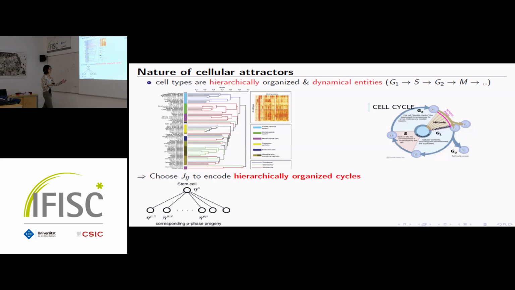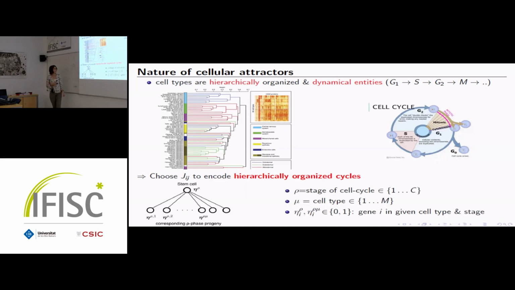And to illustrate the ideas, we stick to a two-level hierarchy. So we have a stem cell at the top, daughter cells at the bottom, but each of these, not a fixed point, is a cycle. Okay, so rho is an index which varies and denotes the stage of the cell cycle, whereas the index mu denotes just the cell type in this differentiated layer.